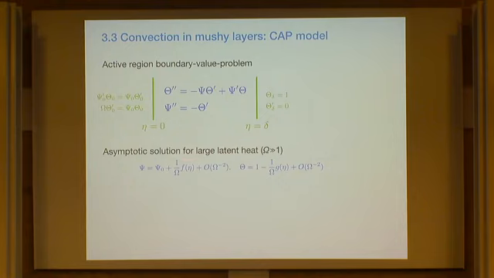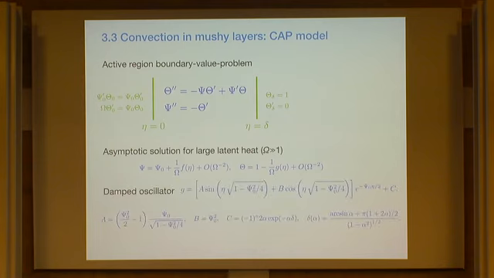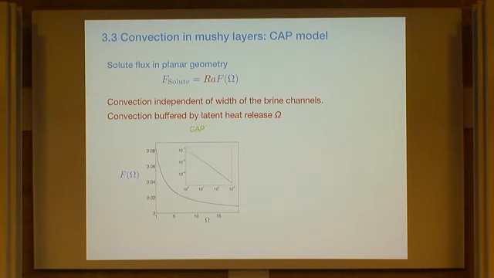The one reason to do this is that the equations have the structure of a damped nonlinear oscillator, and you can prove that there is a unique maximum flux, there's a minimum, this pi by 2 drops out nicely, and you can show that at high omega the solid flux is proportional to 1 over omega, which agrees with the numerics.